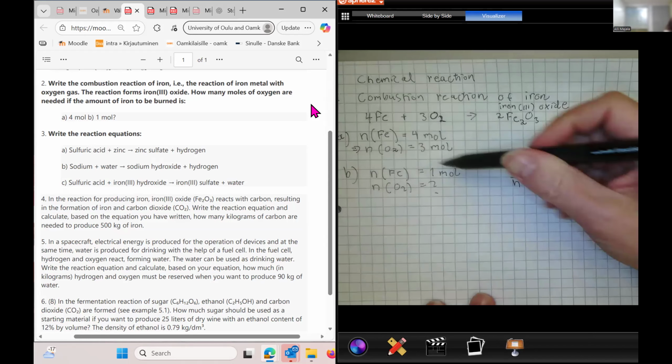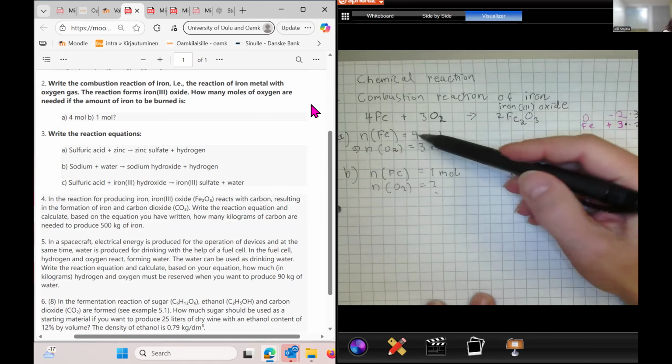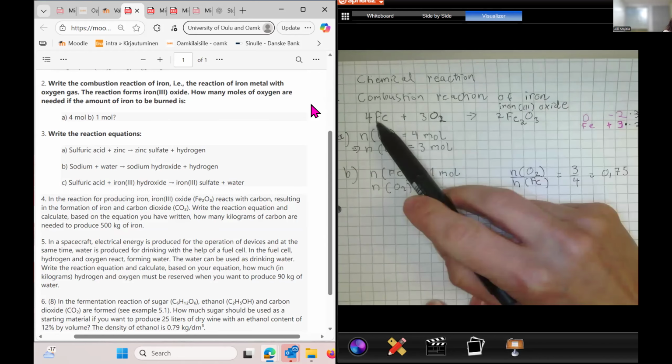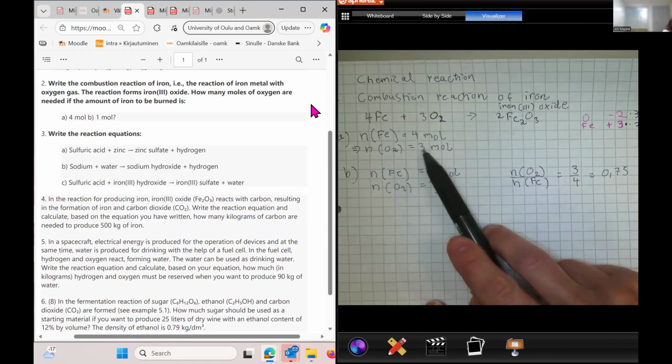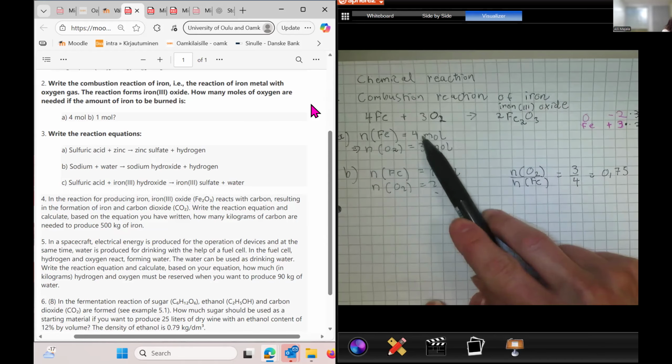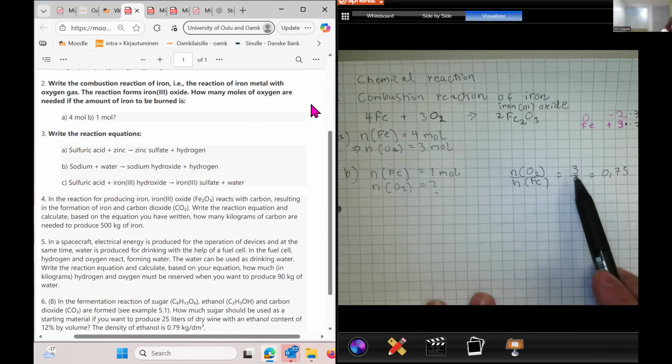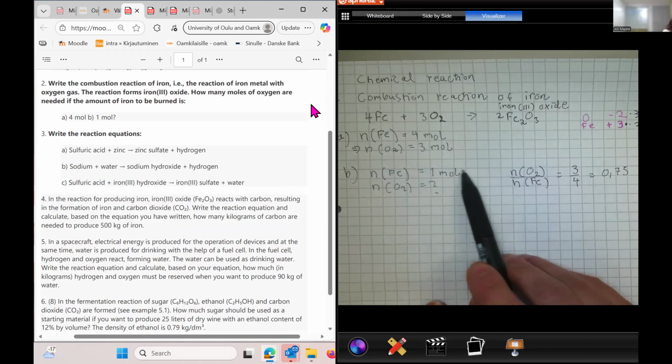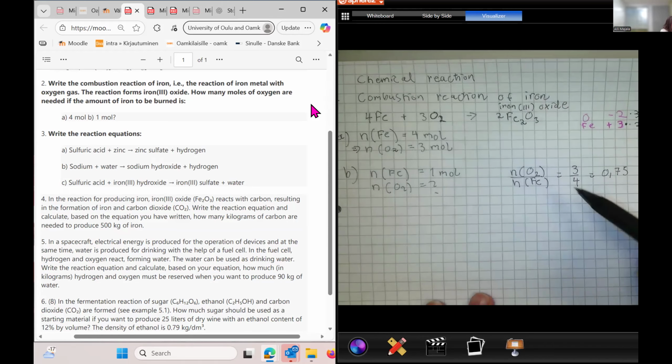I can also see it here. If I have 4 of this, I need 3 of this. So now if I here have 1, then the amount of oxygen would be 0.75.